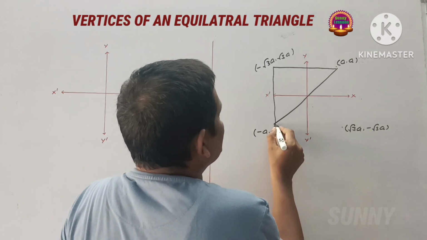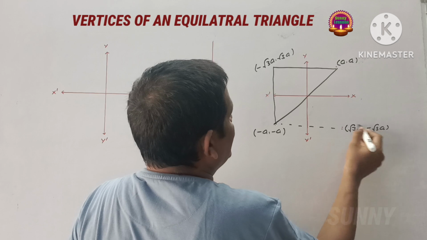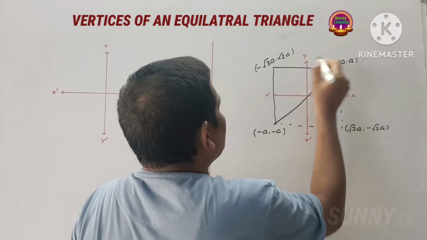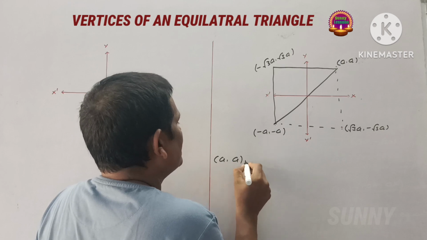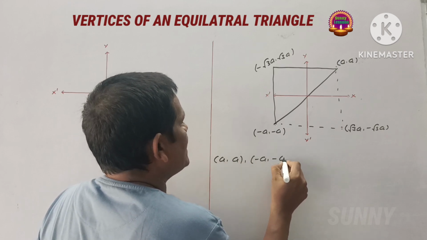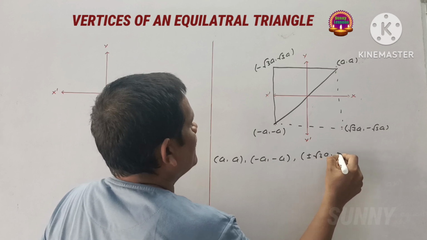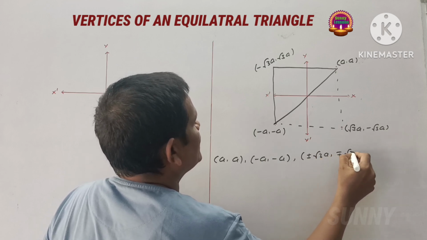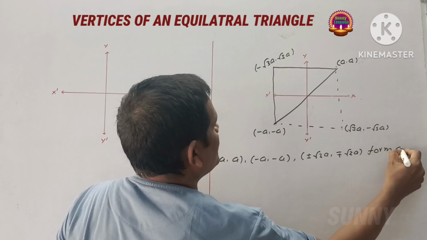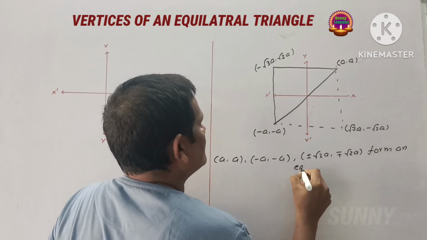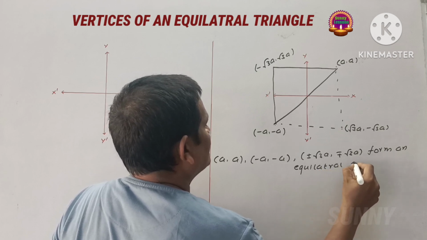If you join (-a, -a), (root 3 a, -root 3 a) and (a, a), they form an equilateral triangle. So (a, a), (-a, -a) and (plus or minus root 3 a, minus or plus root 3 a) form an equilateral triangle.